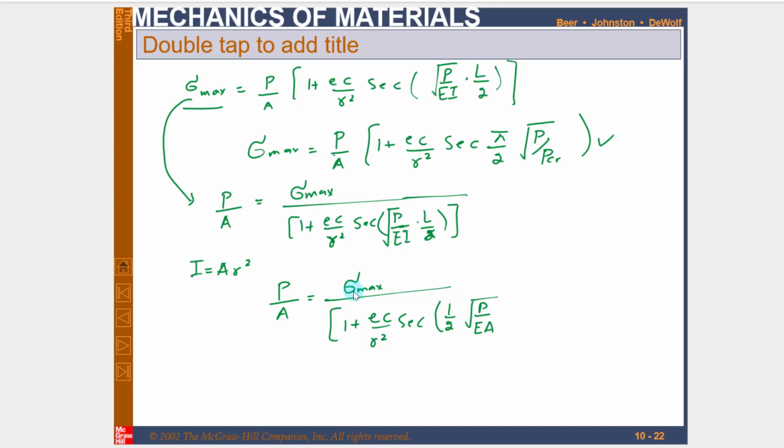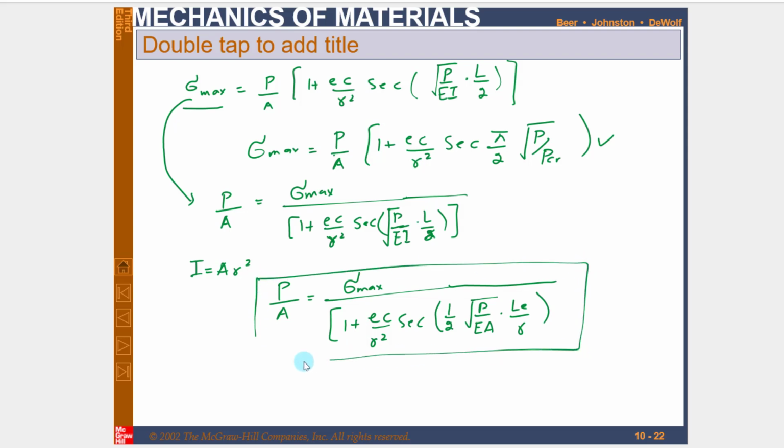Instead of I will write AR square, so A will be there and R square will be out, so it will be equal to L over R, and this L will be equal to effective length, where this effective length is applied for various end condition, and this equation is known as secant formula.